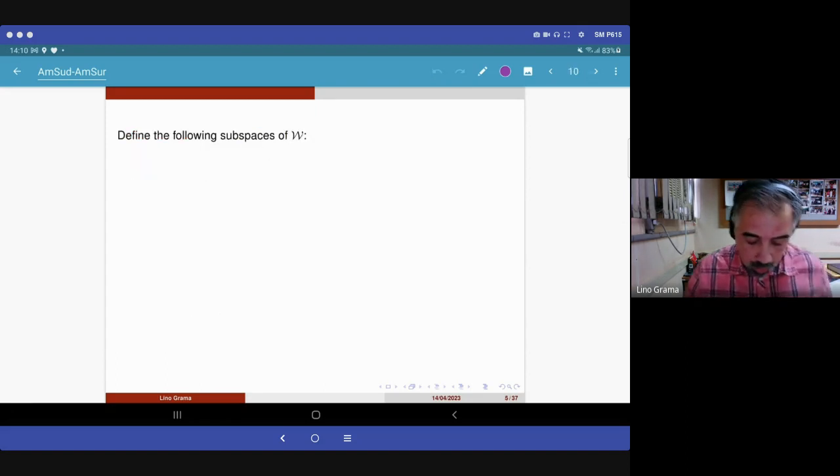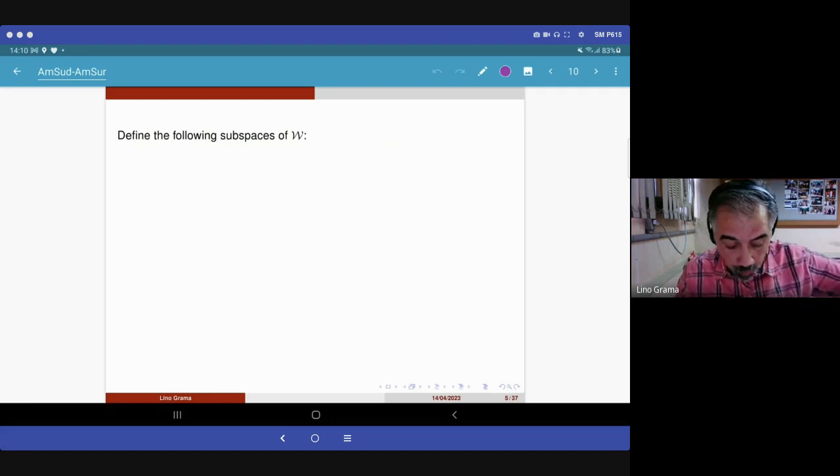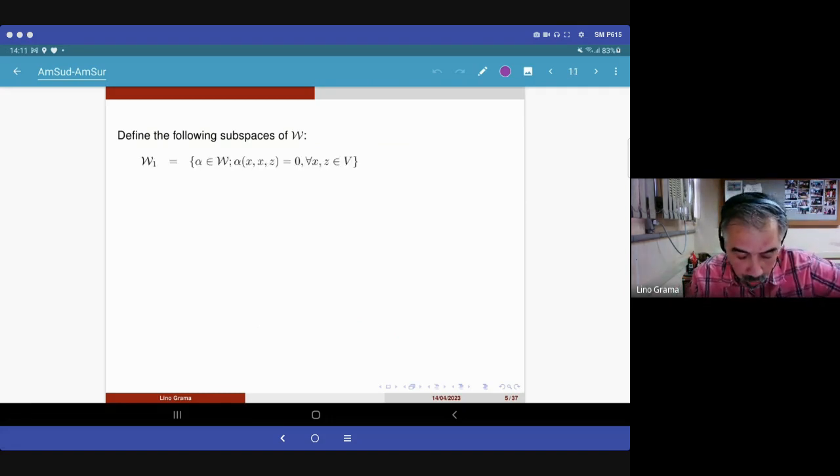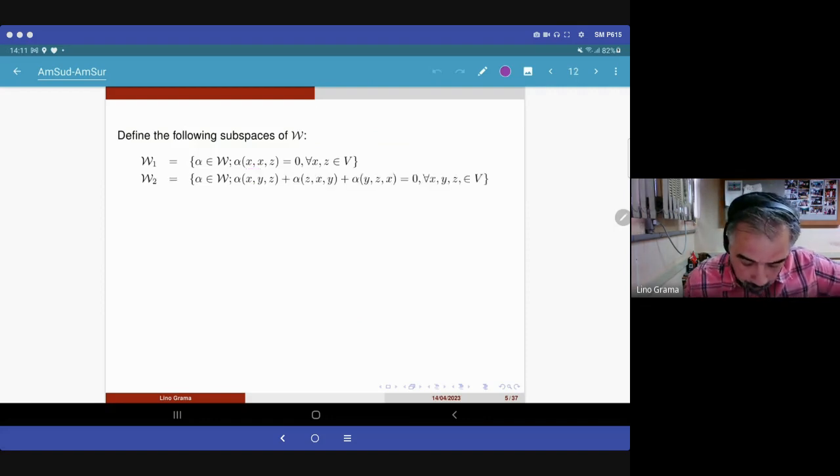And now we define the following subspaces of W, the capital W. W1 will be this: the three-tensors that are skew-symmetric with respect to the first two entries. W2: the three-tensors satisfying this relation, a permutation.